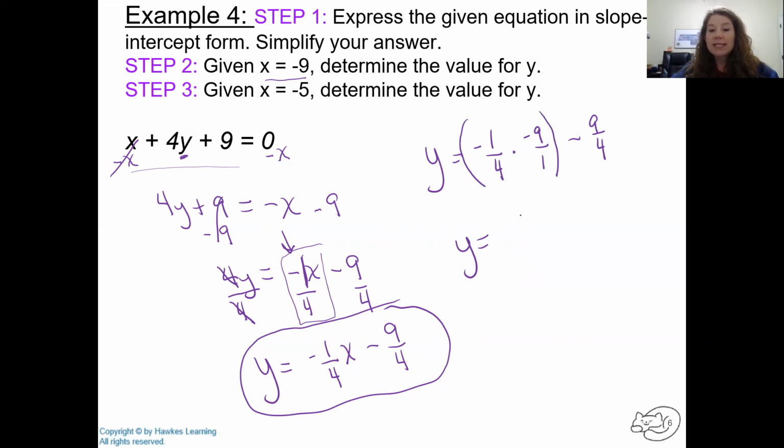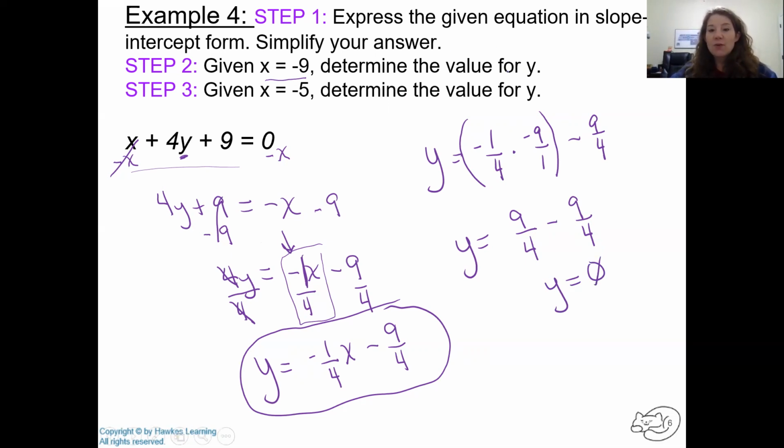So 9 times 1 is 9. 4 times 1 is 4, minus 9/4. So what is 9/4 minus 9/4? y equals 0. So when x is -9, y is 0. That's the answer to step 2.